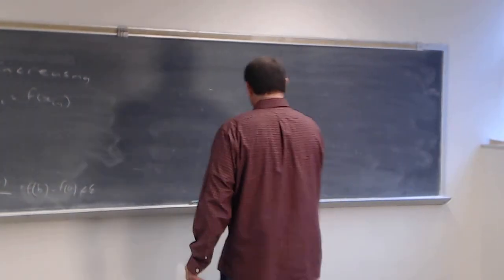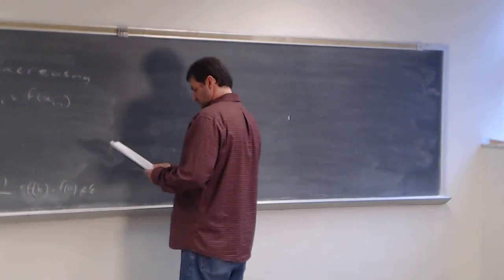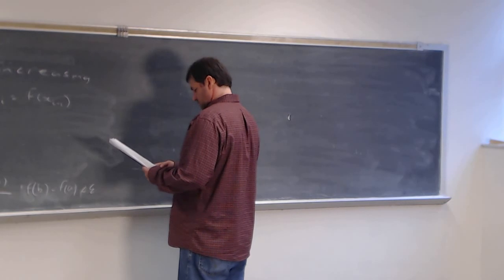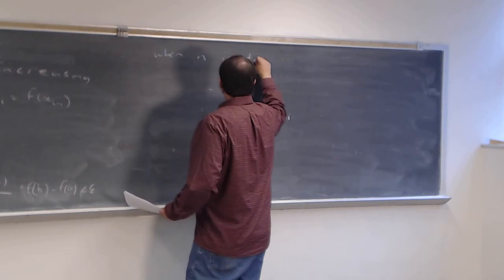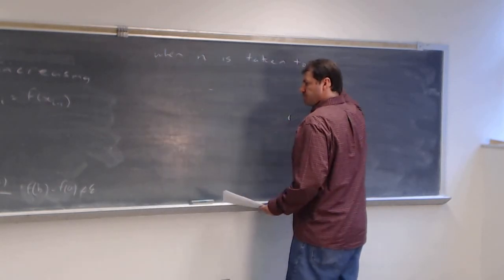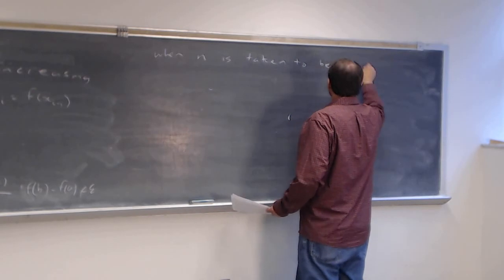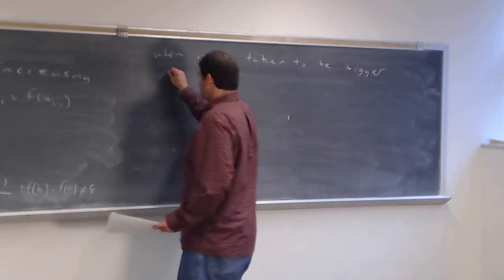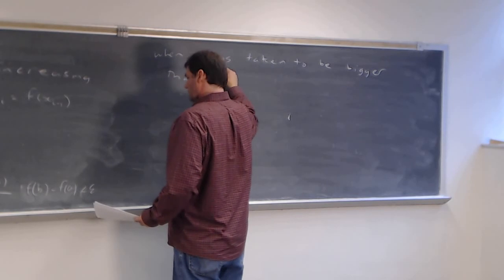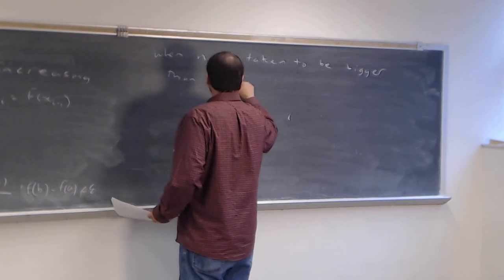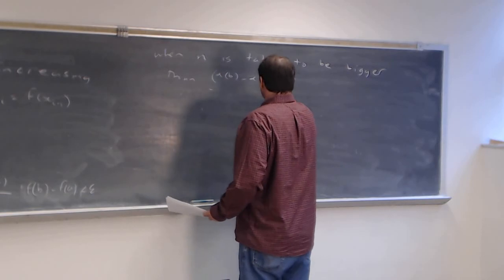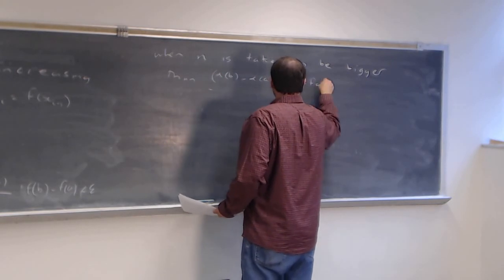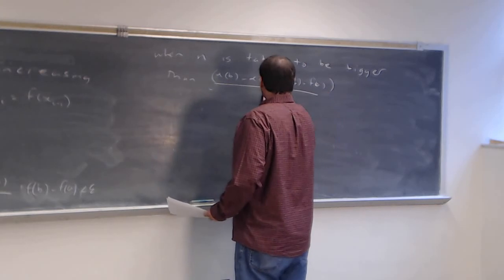So it's going to be less than epsilon when n is taken to be bigger than alpha of B minus alpha of A times F of B minus F of A all over epsilon.